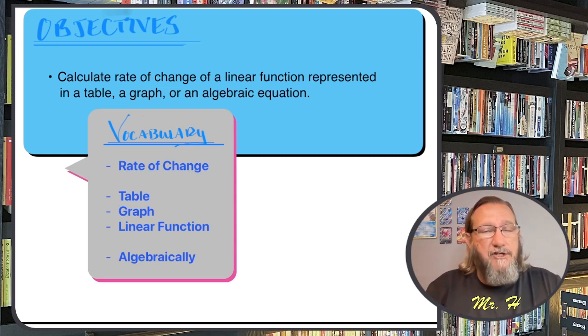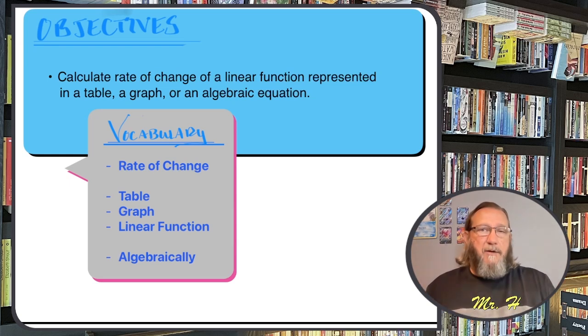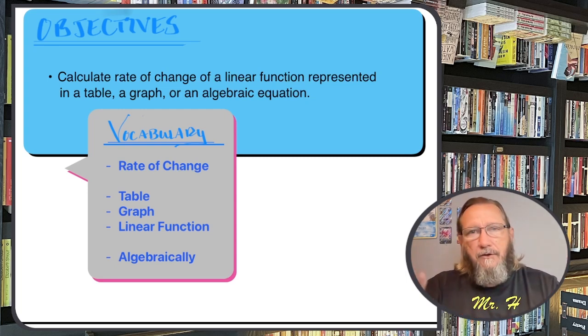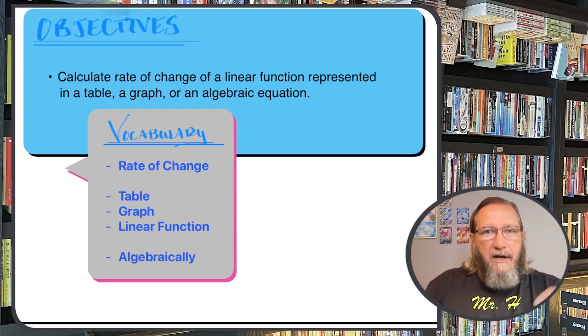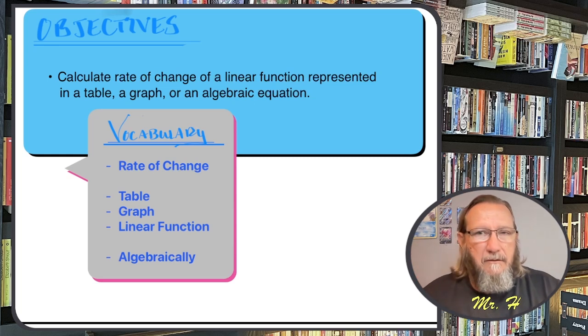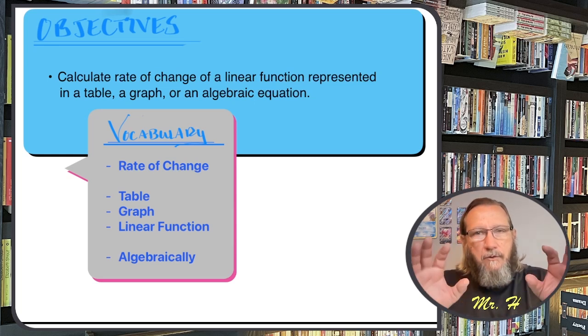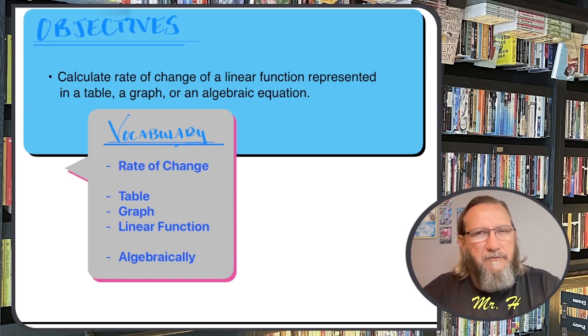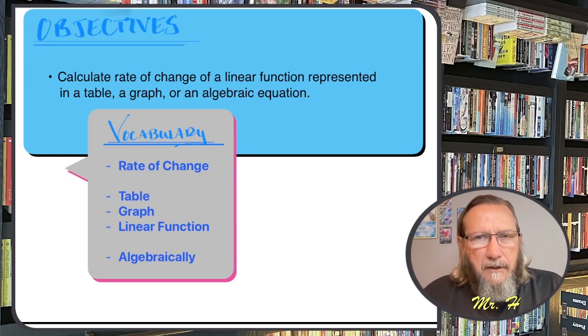Like when we solve two-step equations, when we solve multiple-step equations, when we do things like moving the x's all to the left and all the numbers to the right, or all the y's to the left and all the x's to the right, that sort of thing. When we manipulate, that means we are working on the equation algebraically. And we'll use that term a few times. You may have heard it before. Just want to make sure you understand what we're talking about there.